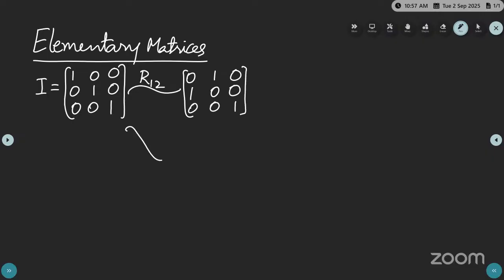Or otherwise C12, interchanging the first and second columns, what are you getting? 0 1 0, 1 0 0, 0 0 1. Of course both are the same, but not always.